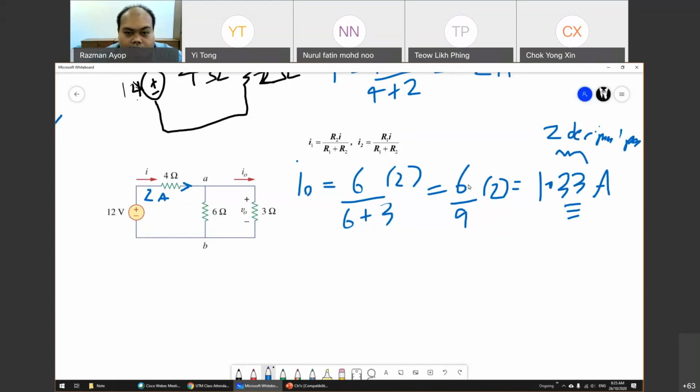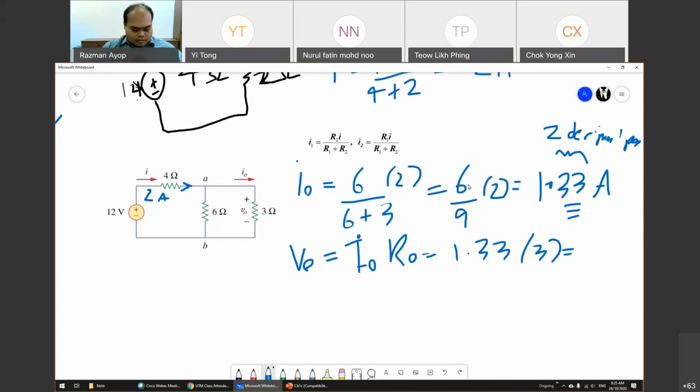So how about V out? For V out, you just use Ohm's law. Ohm's law is I out R, so I out is 1.33 multiplied by 3, you get 4 volt. The voltage across here is 4 volt. And you have to calculate the power.